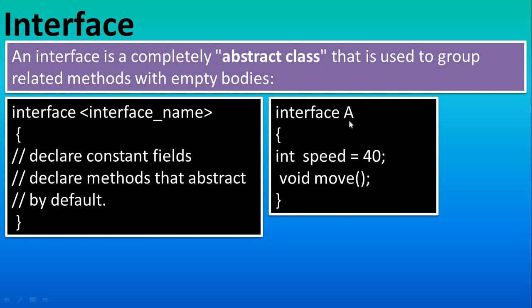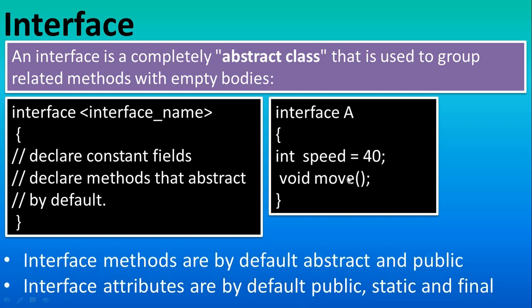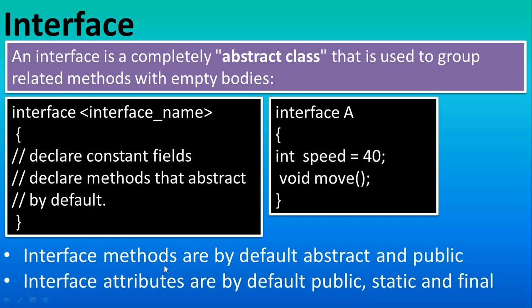You can write any interface name, and here you write a variable, and it will be treated as a constant value, and this method is an abstract method, so you cannot put code. Here two points are important. Interface methods are abstract and public. Even though we didn't write an access specifier, it will be treated as public.